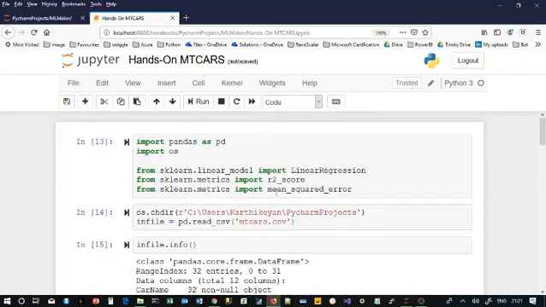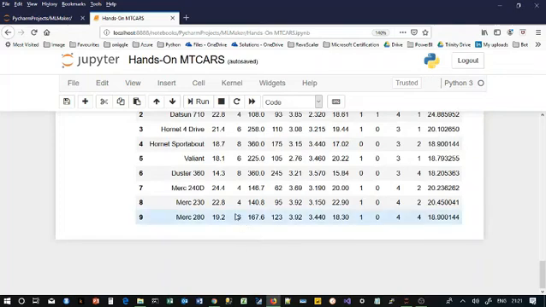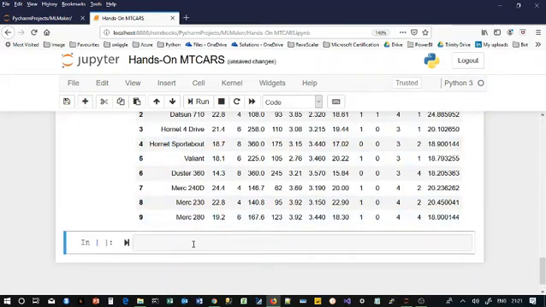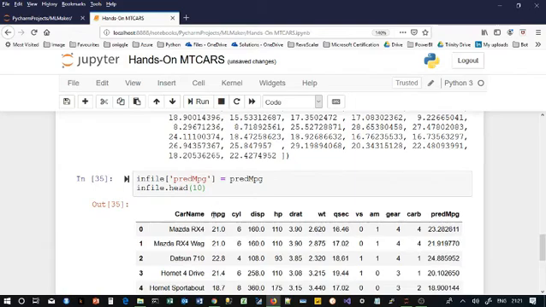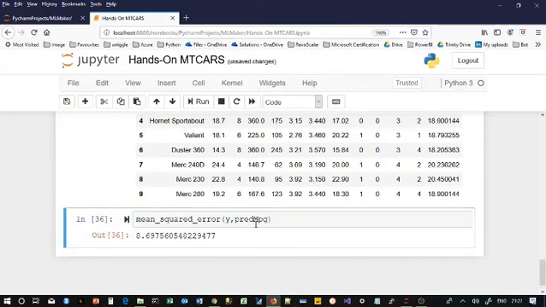There is a function called mean squared error that is available as part of the metrics package. All you have to do is pass the two columns together. So the mean squared error requires the original target variable, which is your original miles per gallon, which is currently sitting in your y variable, and your predicted miles per gallon.